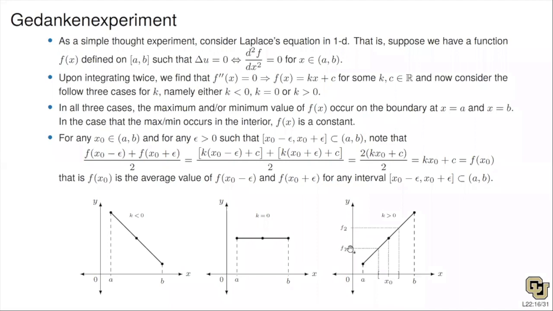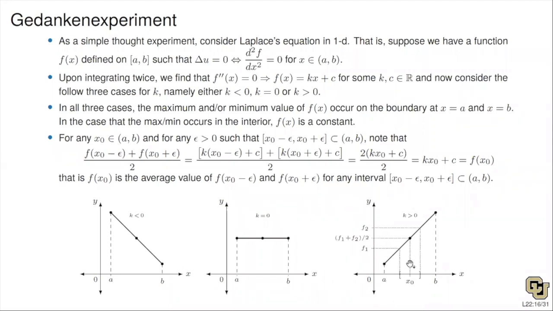And now we're looking at the y values at the left and right endpoints. And when you average it, it turns out to be the y value at x naught. And this is true for any x naught. So what does that mean? Pick any point x naught, take a little interval around it. The y value at x naught will be the average of the y values of the boundary points of that interval.